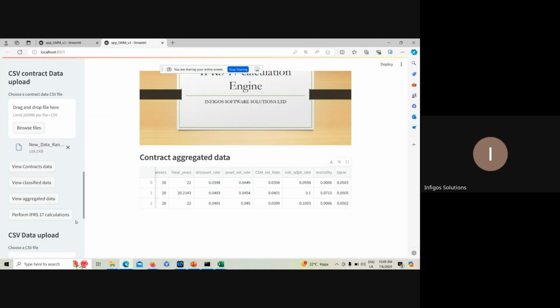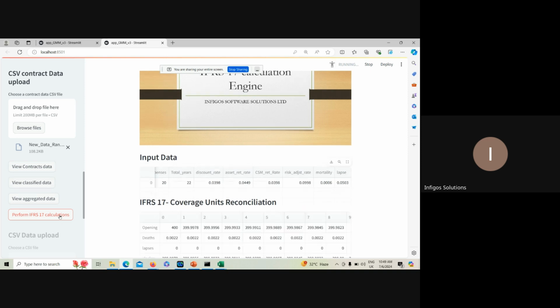You click here, perform IFRS 17 calculation. It will perform the calculation for this. So this tool will take individual policies, group them together, and do all the calculation for you. That's what this tool can do, which is a very big pain for insurance companies, how to characterize into three categories like profitable, non-profitable, and loss making.